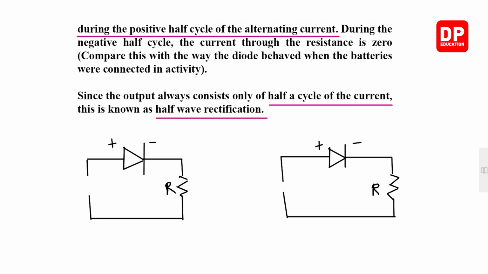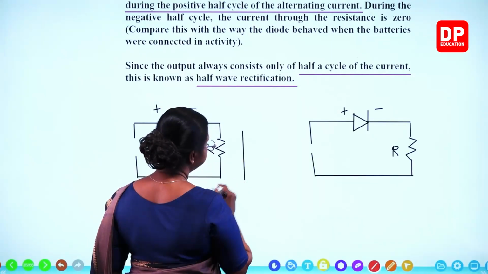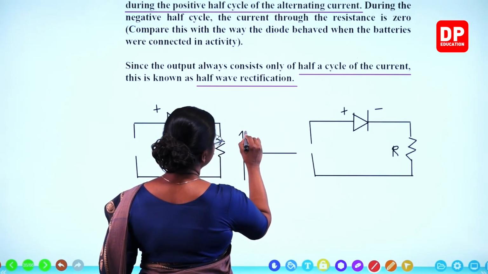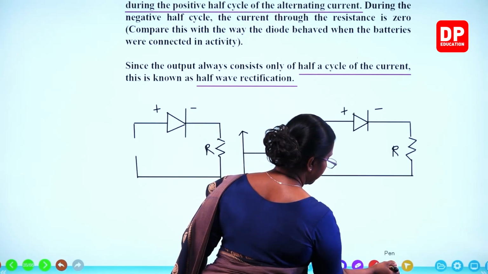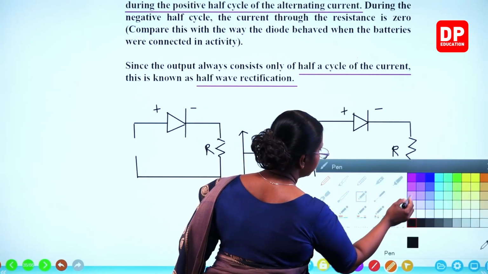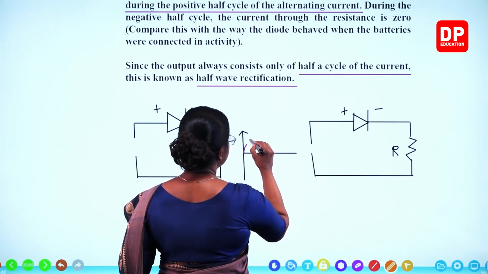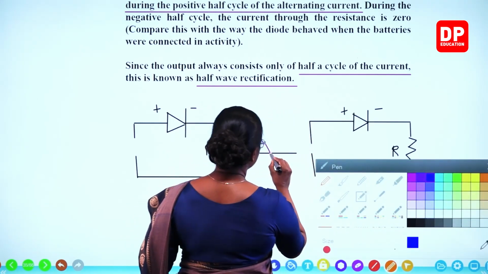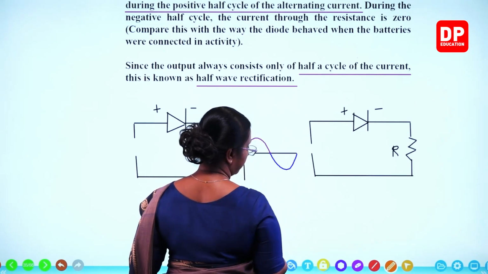Now consider the alternating current. How is it? We have the positive and the negative cycles. Now here of course I will use different colors. We'll take this as the positive current and this is the negative current.